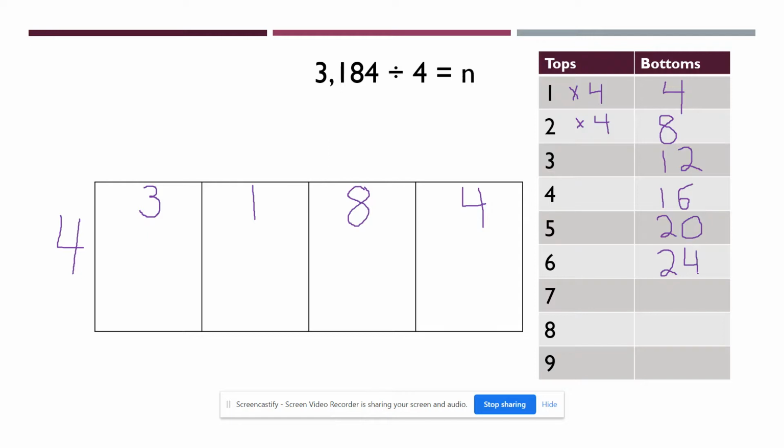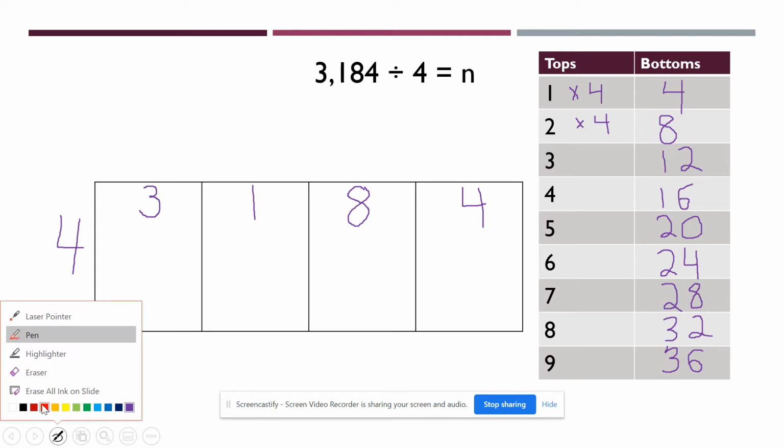This is time consuming, and for the kids at times it's a little tedious, but I will tell you it dramatically improves their multiplication fluency. So the more practice, the better. And 36. Now that my tops and bottoms chart is complete and I have set up my equation inside the box, I am ready to divide.